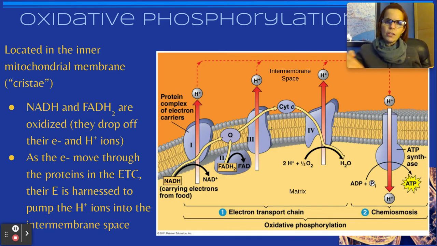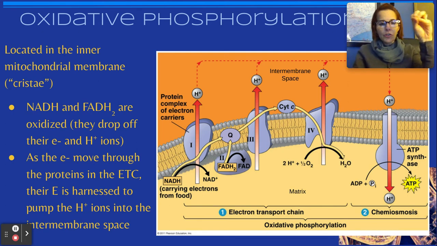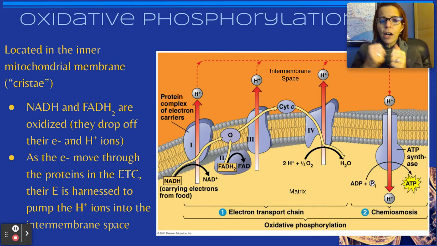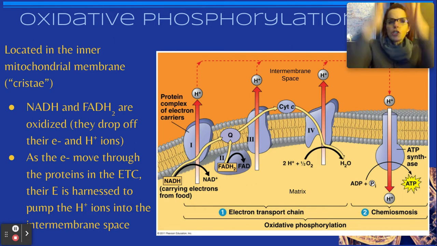This diagram doesn't show very well what's actually happening here, which is the electrons are high energy when they get dropped off by NADH and FADH2. And with each movement from one protein to the next, they're losing energy. They're becoming lower and lower energy. And that energy is being harnessed to push the hydrogens.